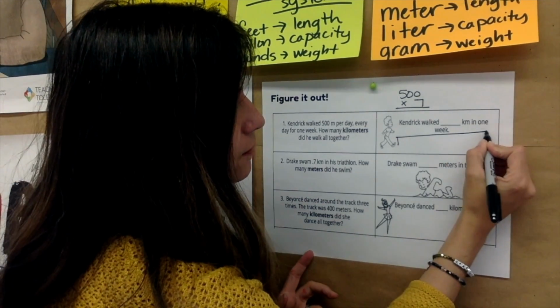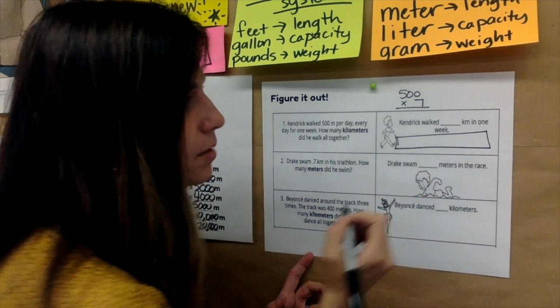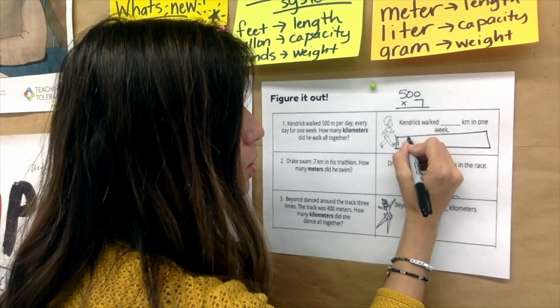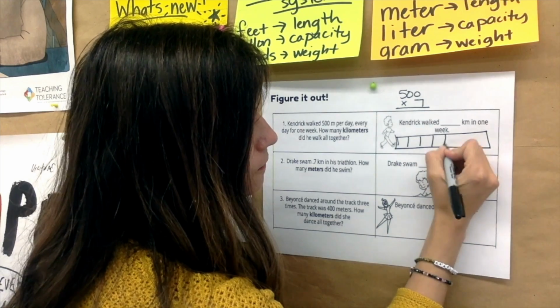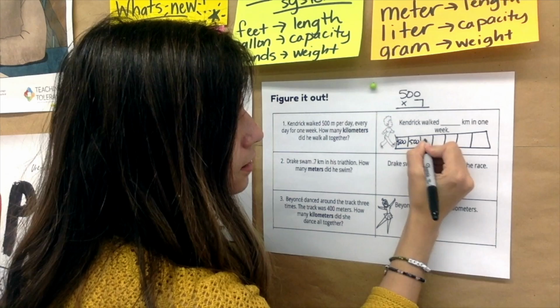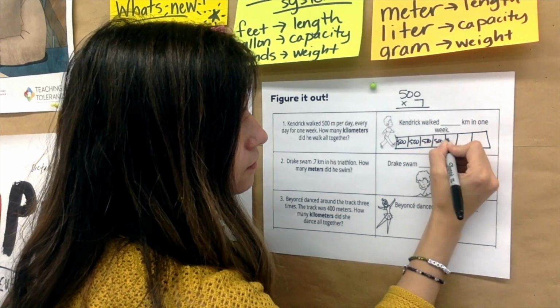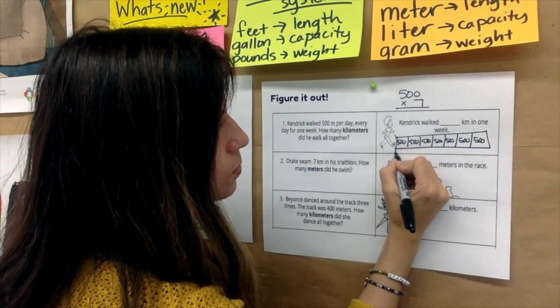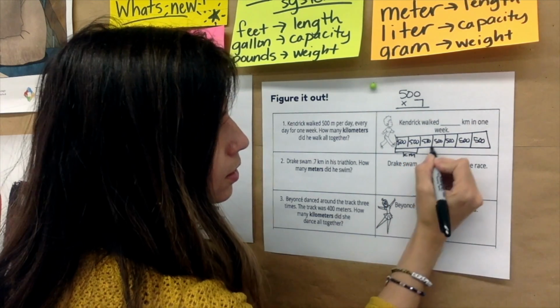So here we go. If I want to do a tape diagram, I want to have 7 spots. I'm going to draw 6 lines. So 1, 2, 3, 4, 5, 6, 500, 500, 500, 500, 500. That is a lot of walking. Okay, and now I can group. This is 1 km.